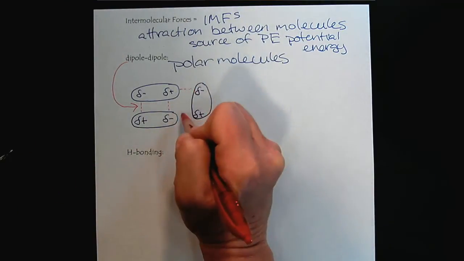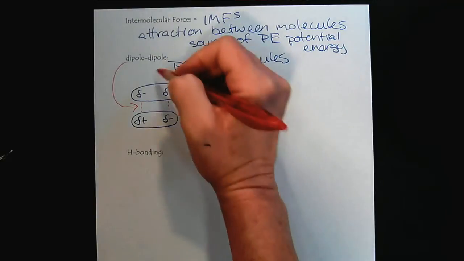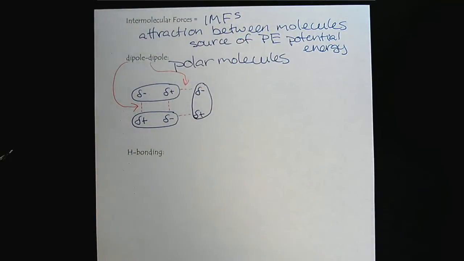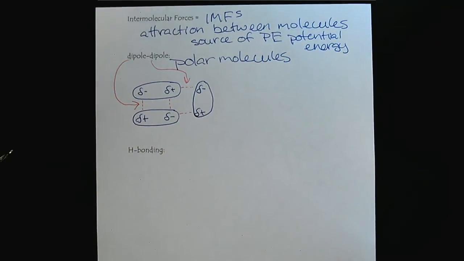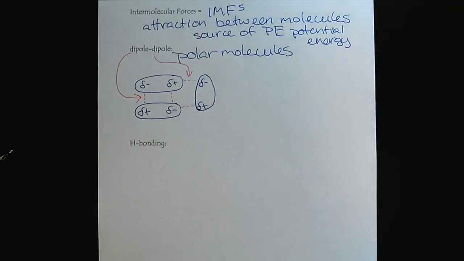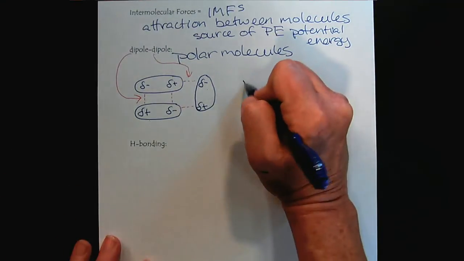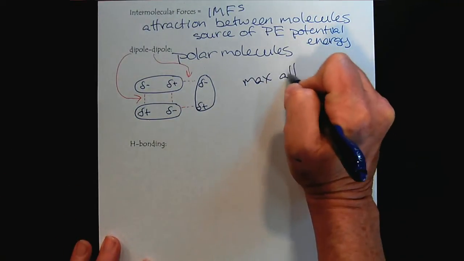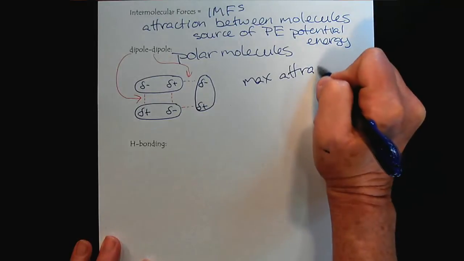These dashed red lines represent all of the dipole-dipole intermolecular forces. So it's the attraction between two or more polar molecules, and we know that they're going to orient themselves to maximize attraction and minimize repulsion.